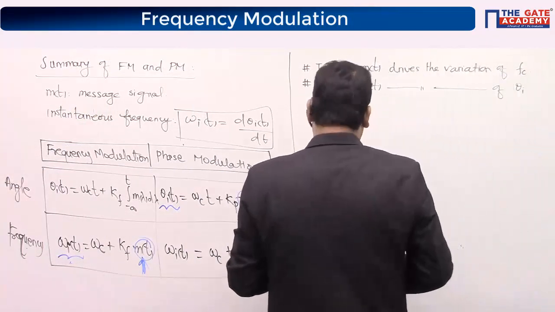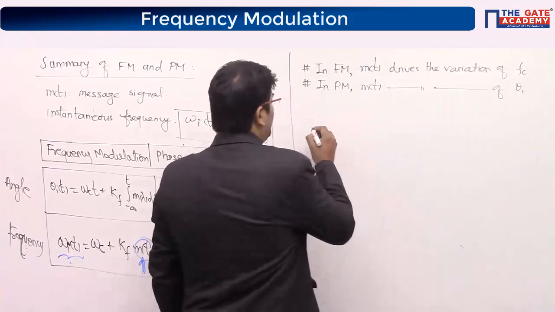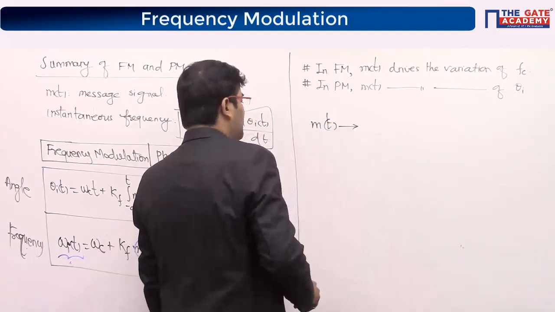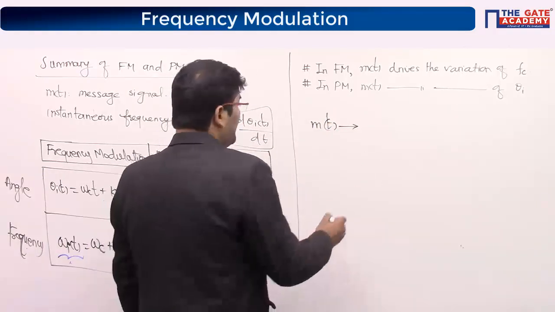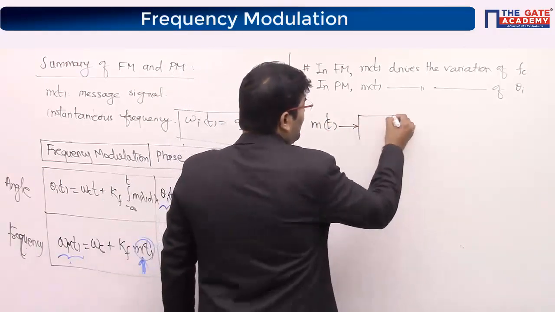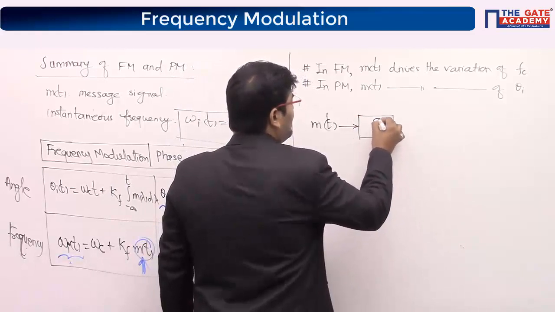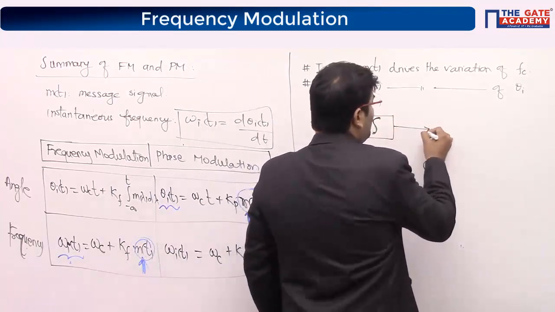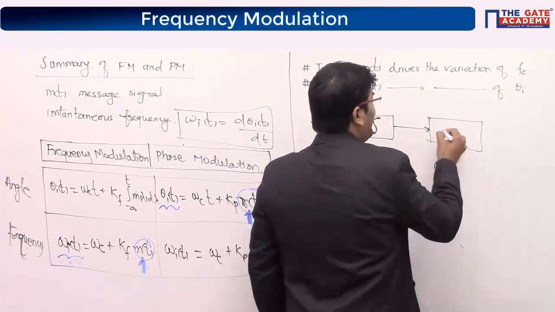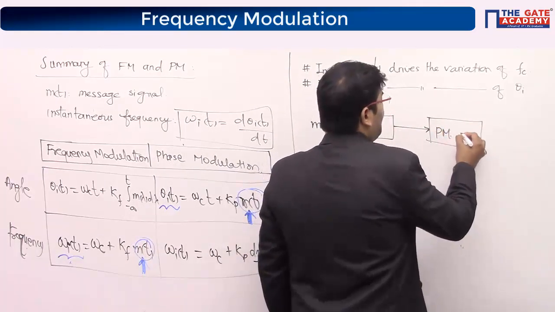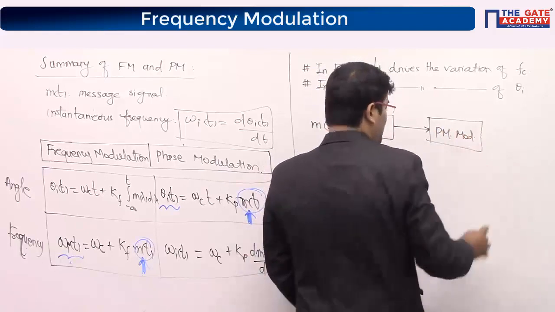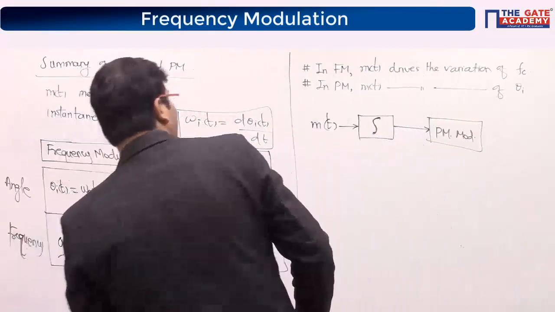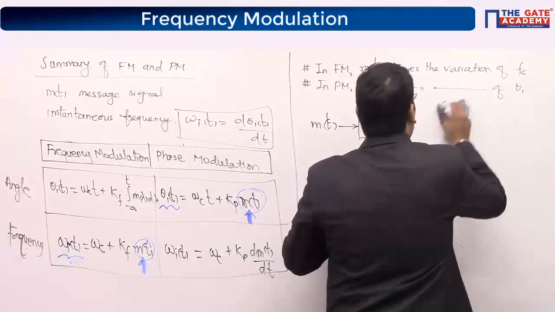Now, how to generate that? If you take the message signal m of t and give it to an integrator, and then you give it to a phase modulator, PM modulator, or let me write phase modulator, because PM is phase modulation, so the modulator will become phase modulator.